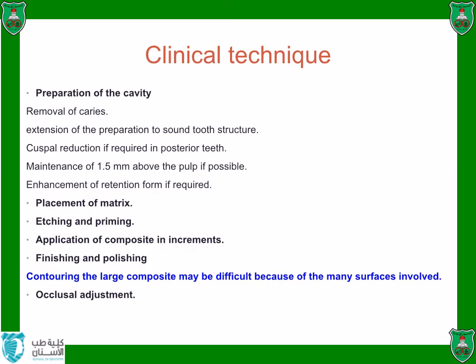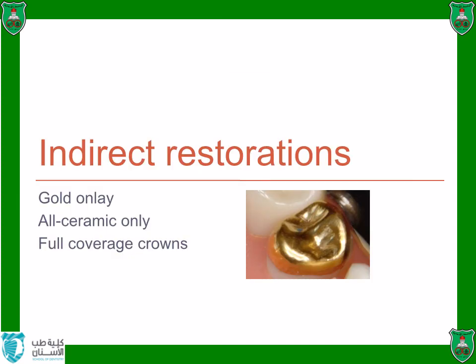So if you don't have the skills to use amalgam, I prefer that everybody try to use composite for large restoration in posterior area or area that have heavy occlusion. I prefer using composite to restore grossly carious teeth as a foundation that will be covered in future by an indirect restoration.